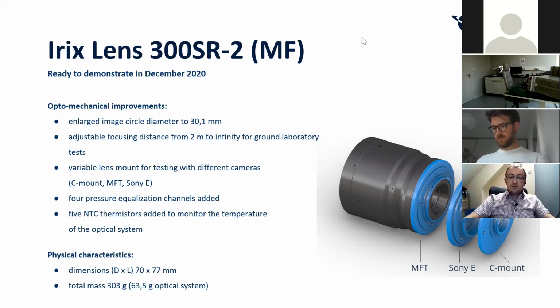That's why we decided to use photographic mounts to check how the lens will perform on different sensors. To date we tested the lens on a Micro Four Thirds sensor, on a Sony A7 sensor, and others. This will help us to check how the lens performs in ground laboratory tests using the IMA test and other metrology equipment.